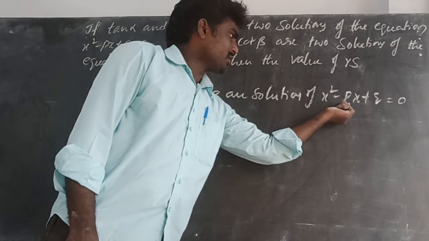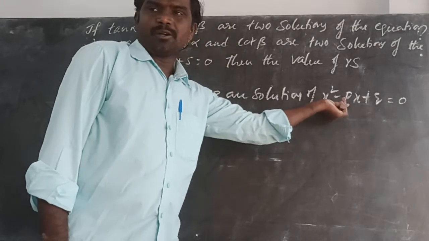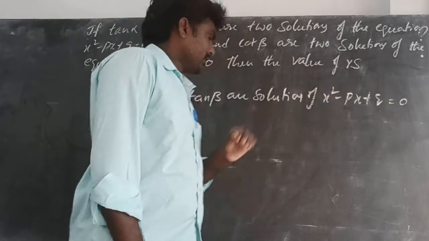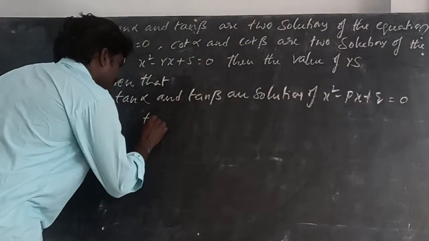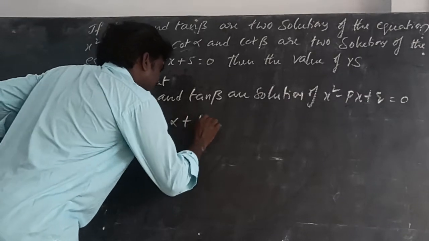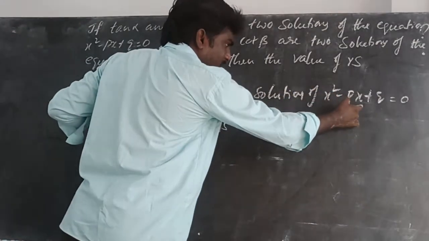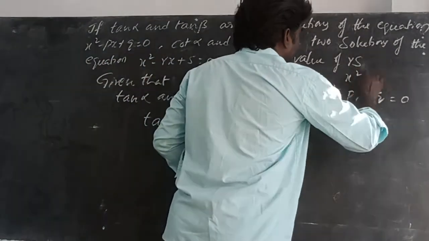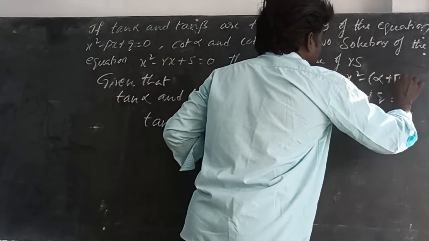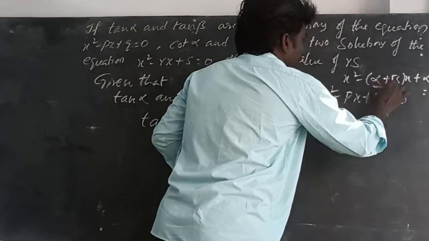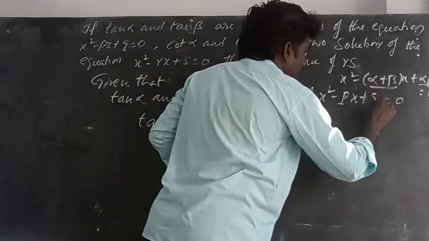Here the sum of zeros is p and the product of zeros is q. Comparing with the general form x square minus (alpha plus beta) into x plus alpha beta, the sum of the zeros is p, the product of zeros is q.